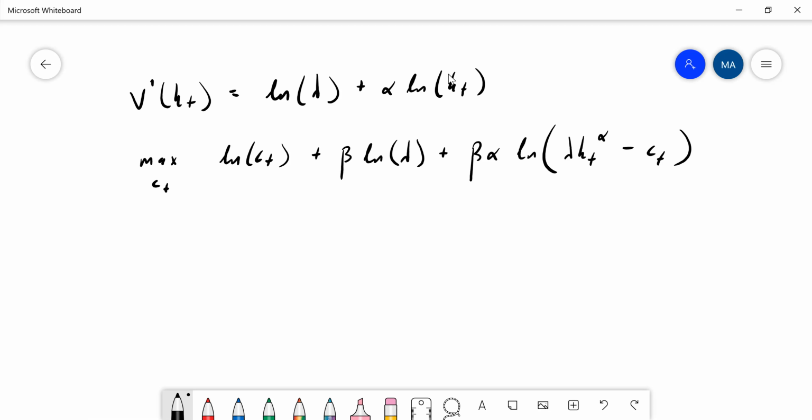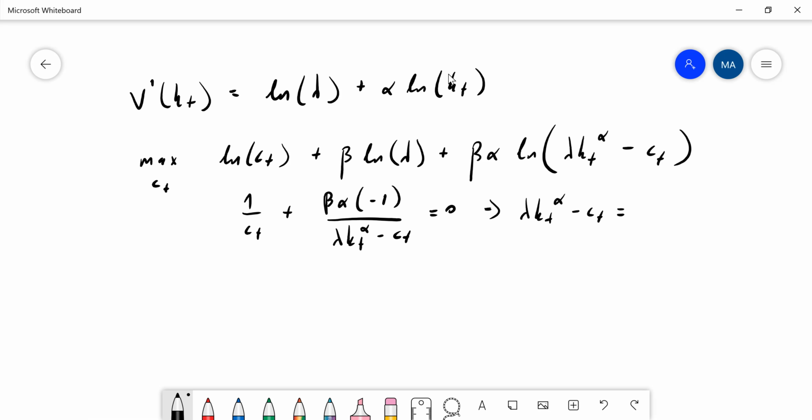So what do I have? I have 1 over ct plus beta alpha minus 1 over lambda kt alpha minus ct, and that's going to be equal to 0. So then I have lambda kt alpha minus ct equals alpha beta ct, right? So ct is going to be equal to 1 over 1 plus alpha beta lambda kt alpha.